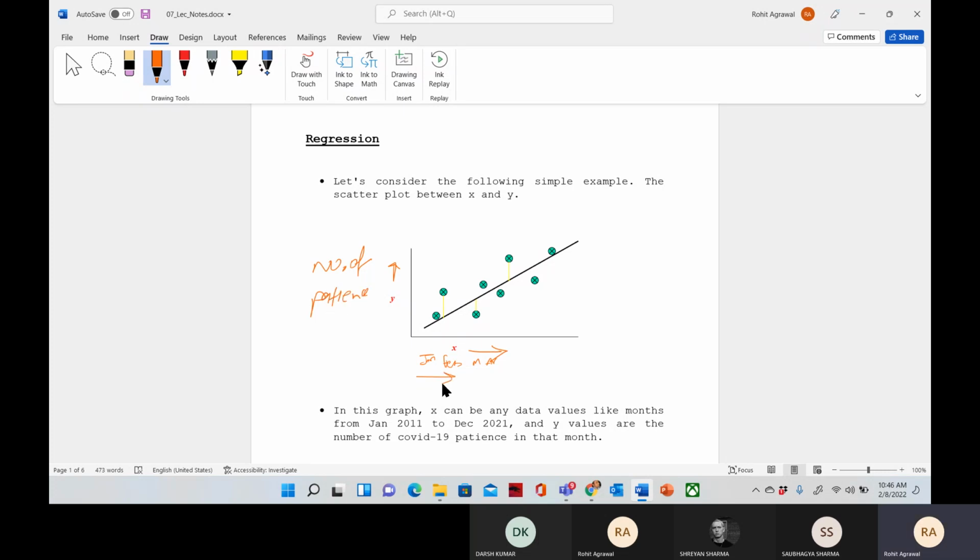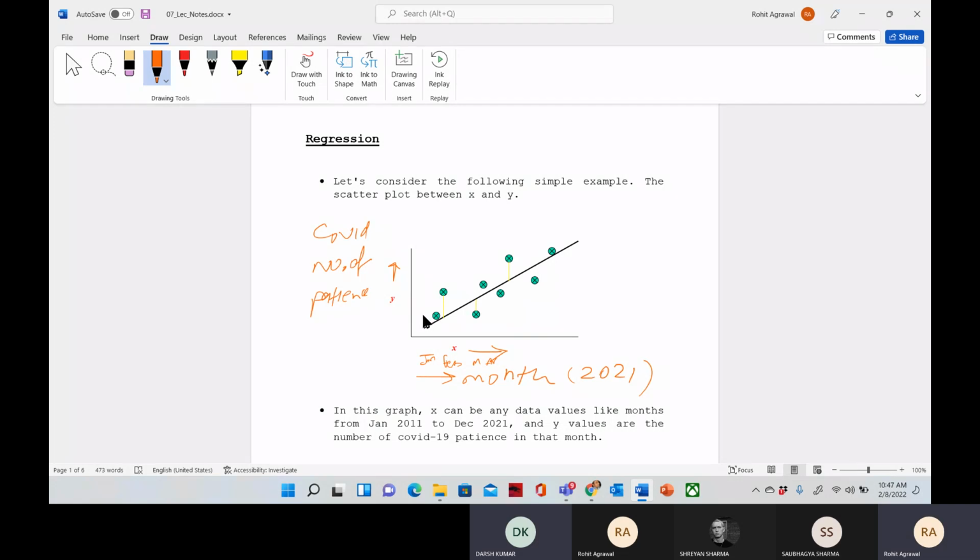This is the month, of 2021, and these are the COVID number of patients. So we can see that there is a relationship between them, any kind of relationship. As the month is increasing, number of patients are also increasing.